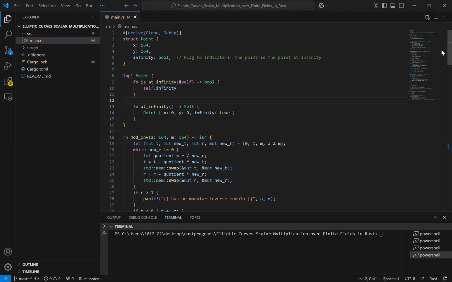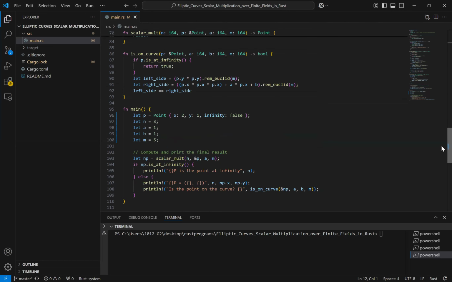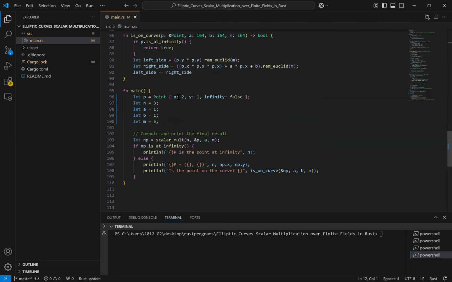Okay, so you can even have another code to do that. We had already looked at this code before, the code for scalar multiplication. So I had some point 2,1. I want to multiply this 2,1 by 3, so n is 3.